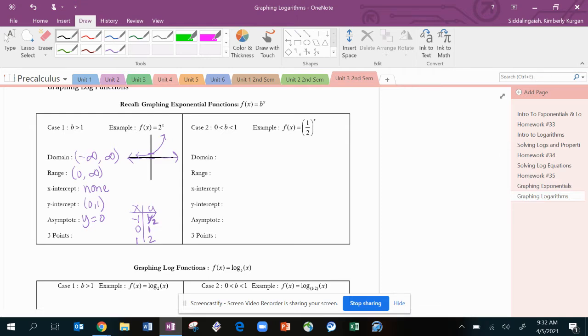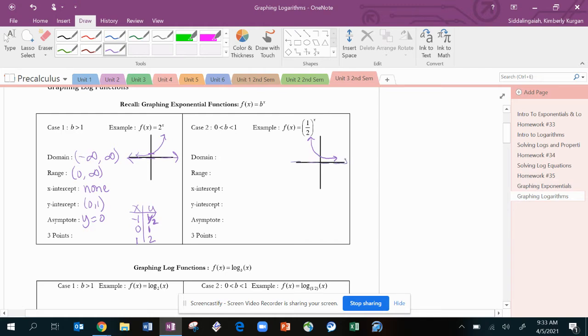Now, the other way we saw exponentials on Friday is with a base of like 1/2 or 1/3. Let's talk a little bit about what that looks like. Instead of going up or being an increasing graph, these are decreasing. So it kind of looks like a reflection over the y-axis.